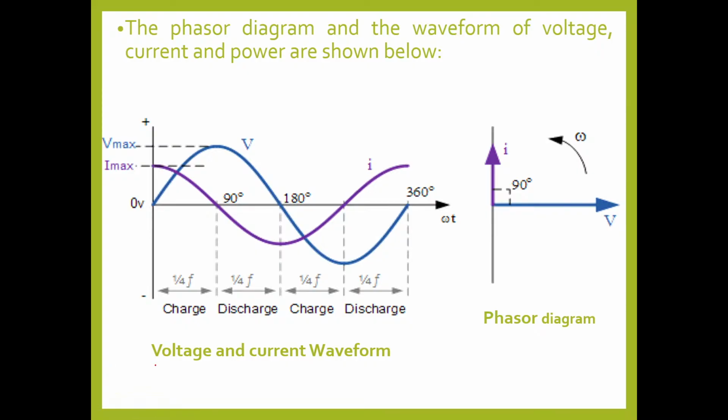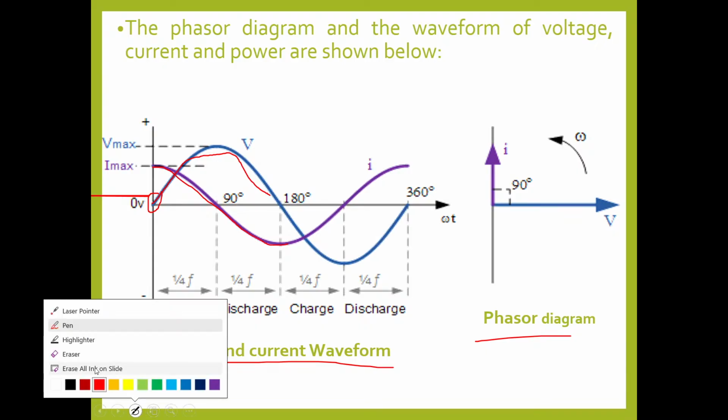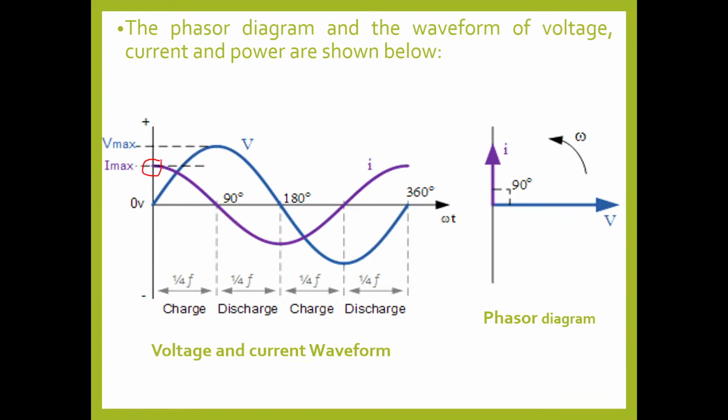So if you compare, if you draw the phasor diagrams, and if you draw the voltage and current waveform, you can see here, when voltage is still 0, this is voltage. Blue line is voltage. Blue wave is voltage wave, and purple wave is current wave. So when voltage is still 0, current has already reached its maximum value. Okay, so which is leading initially?